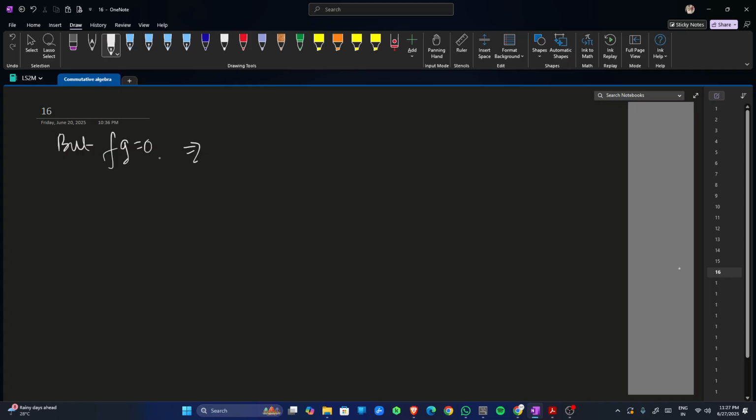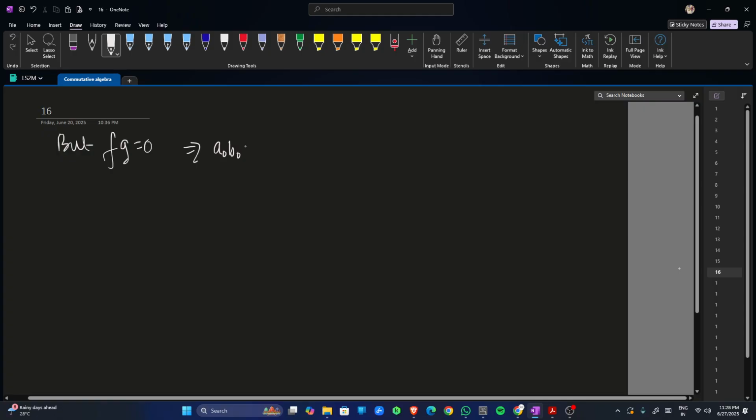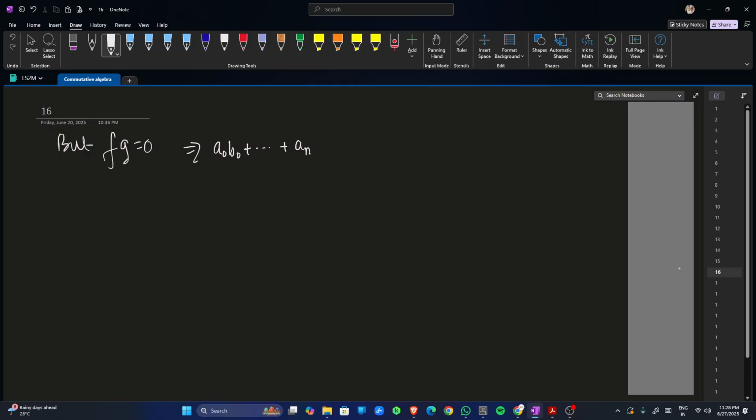Now fg equal to 0 implies a_0 b_0 plus dot dot dot plus a_n b_m x^(m+n) is equal to 0.